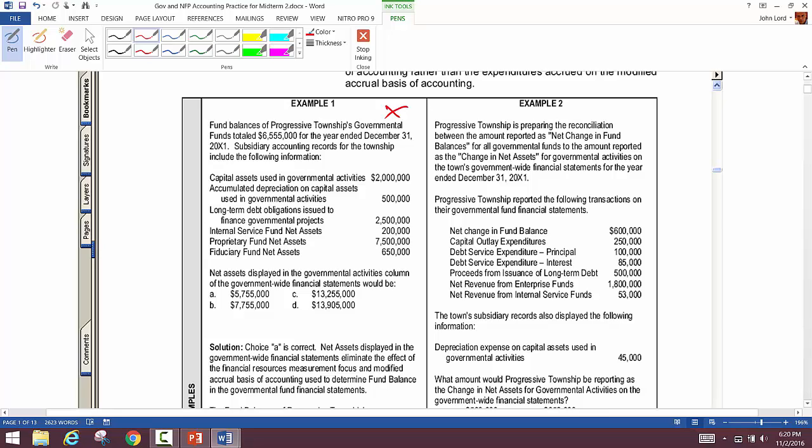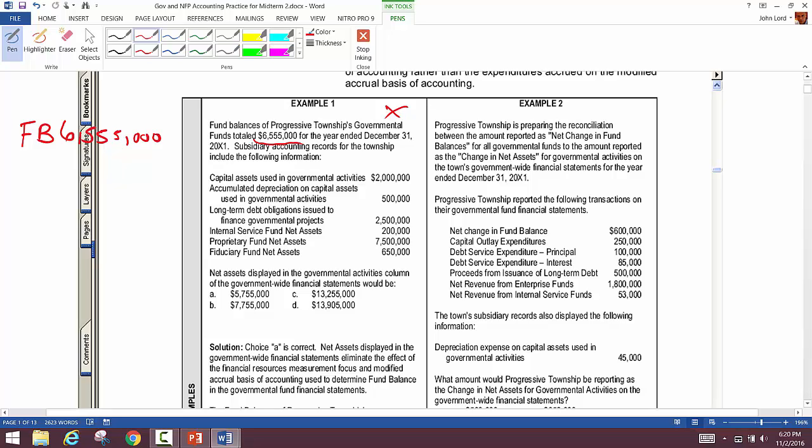Okay, good. And so they tell us here that we have our fund balance of $6,550,000, right? Now, when you get that fund balance of $6,550,000, it is my recommendation that you always start out putting in that fund balance. 6 million, 550,000.